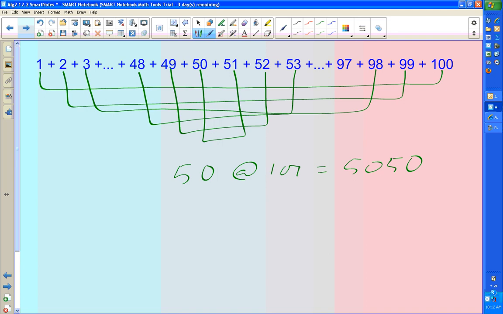Now let's look at this. Where'd the 50 come from? Okay. Divide 100 by 2. What's 100? Oh, it's the last term.